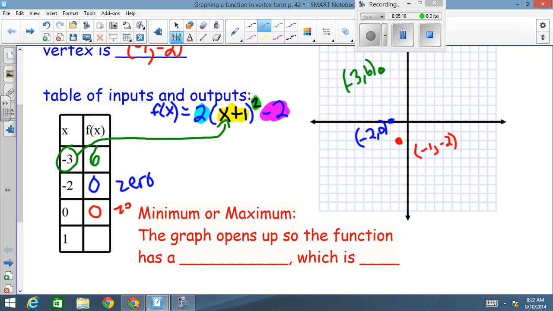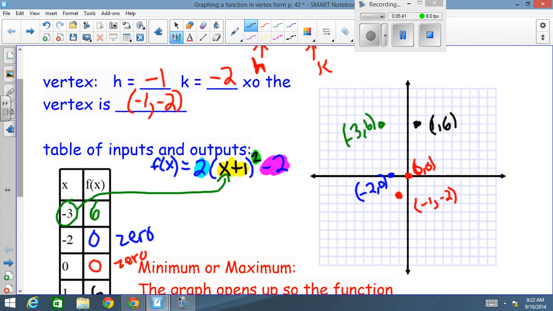So this is another zero of the function. 0, 0. And then when I plug in 1, 1 plus 1 is 2, 2 squared is 4, 4 times 2 is 8, 8 minus 2 is 6. So the right one, up 6, has me here. And now we see that we have all these points that are mirroring each other. So I have that parabola shape like so.